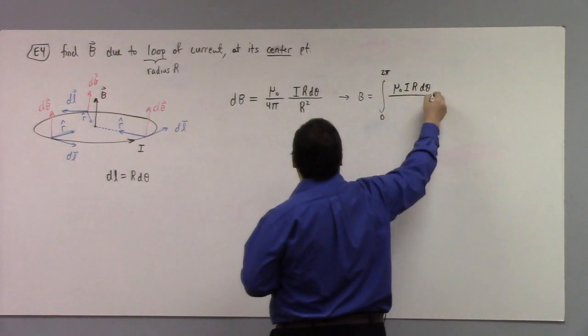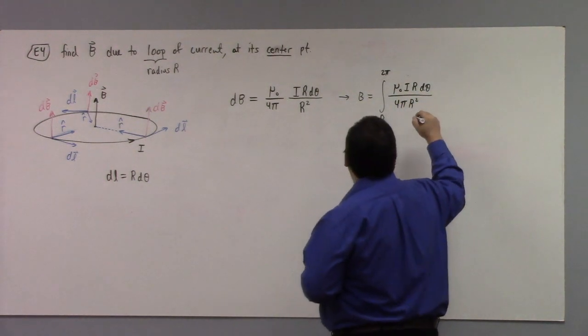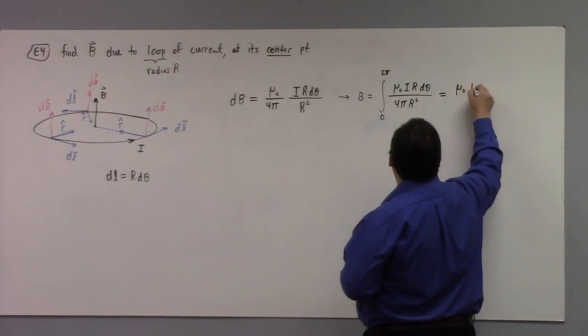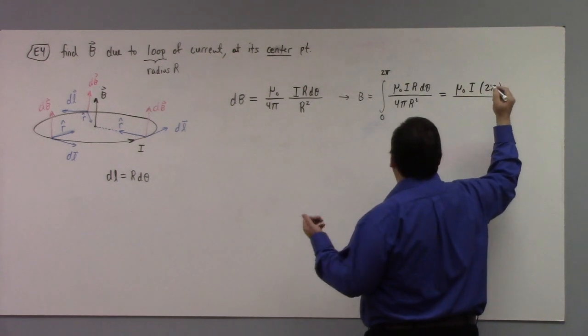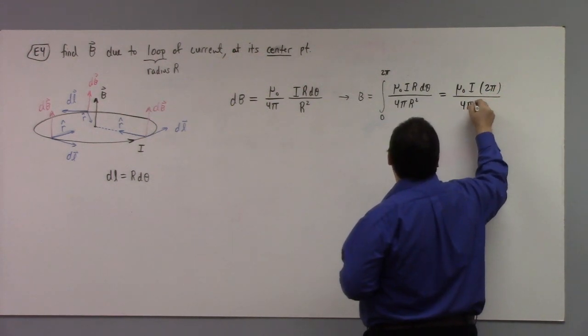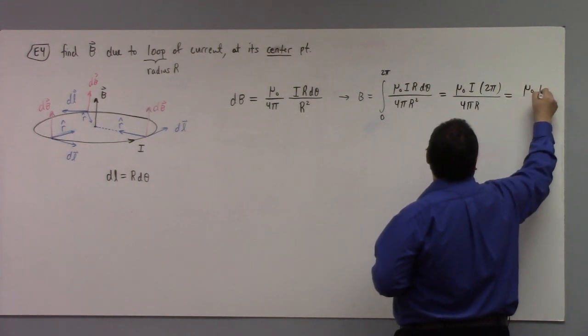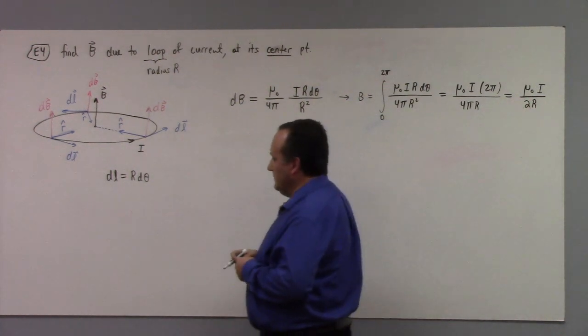I didn't even simplify anything yet, guys. What happens here? The r's cancel, and so you just get mu naught I times 2 pi divided by 4 pi r. So we get mu naught I over 2r.